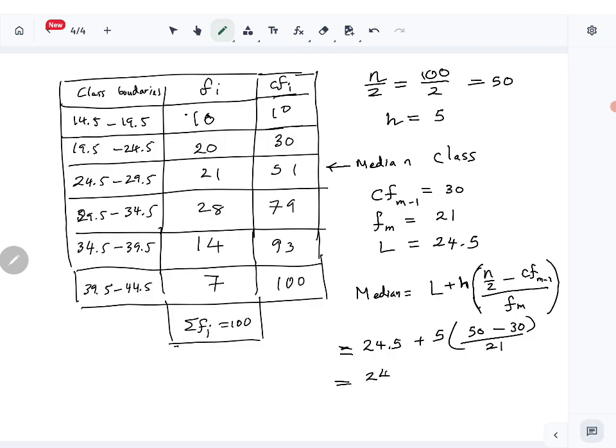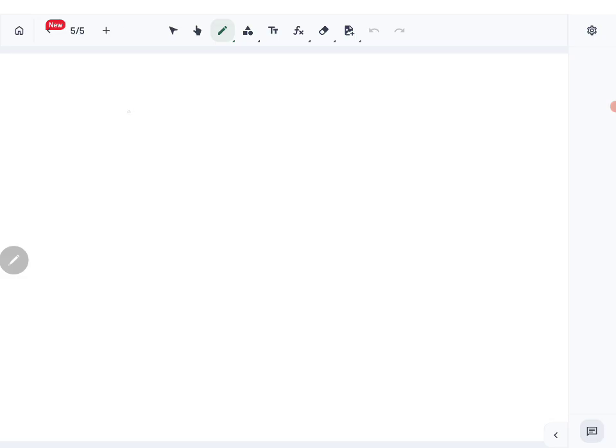So 24.5 plus 5 into 10, 50, 50 over 21. So let's figure out 50 over 21. That is 2.38. Wait, as computed: 4.76. So 24.5 plus 4.76 is 29.26, but we want the median in rupees, so multiply by 10,000.